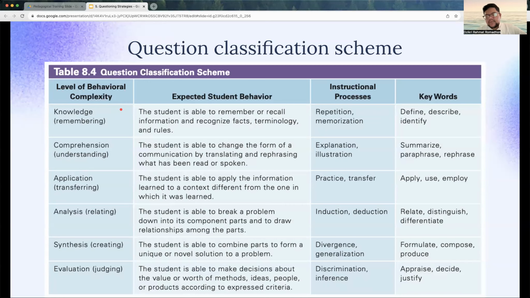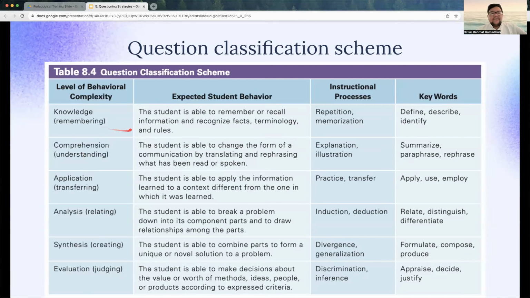Knowledge, which means that you can remember facts, and comprehension is understanding of the facts, so the student can explain in their own words their understanding. And next is application or transferring, so apply your knowledge to solve a problem. Next is analysis, relating one concept to another concept. Next is synthesis, creating, combining several concepts to produce a new original idea. And then next is judging or evaluation.